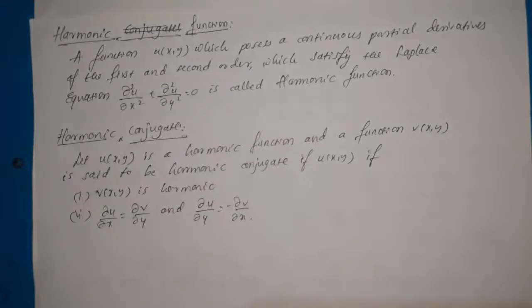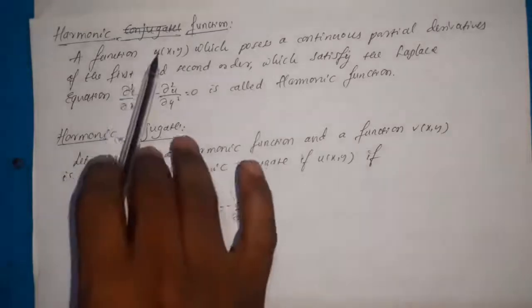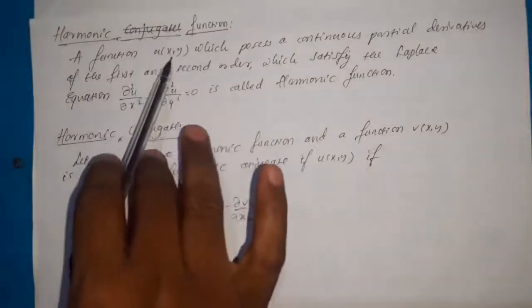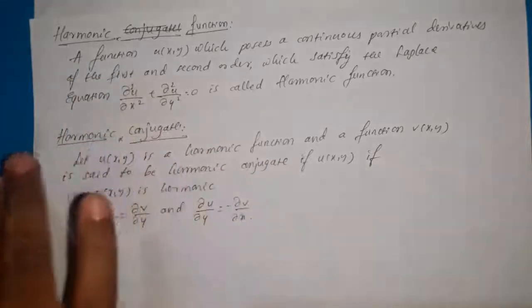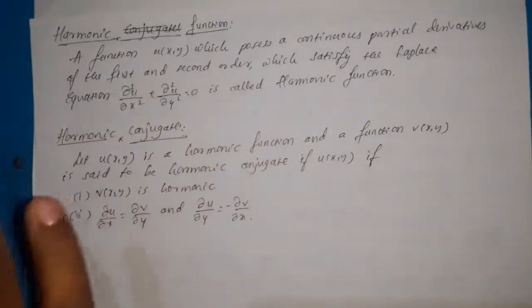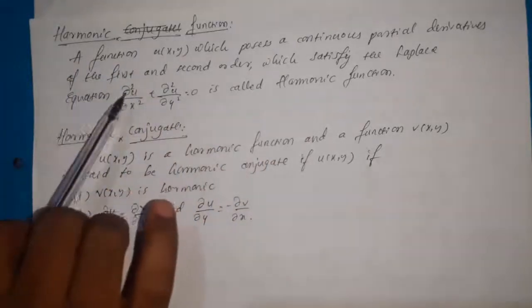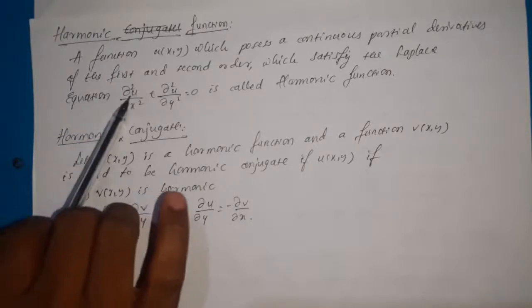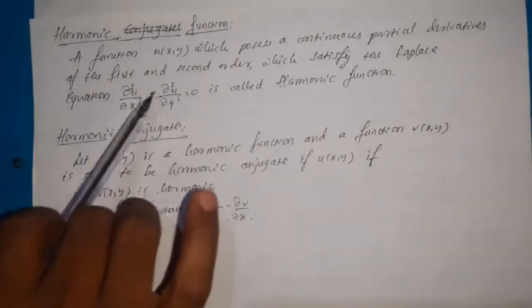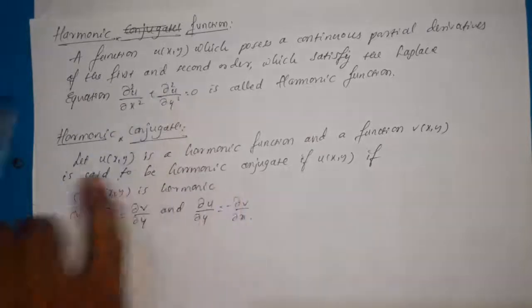So, harmonic function means we are defining the harmonic property for the real and imaginary parts separately. Considering u of x comma y, if the real part is said to be a harmonic function, it has to satisfy the Laplace equation, that is dou square u by dou x square plus dou square u by dou y square equal to 0.